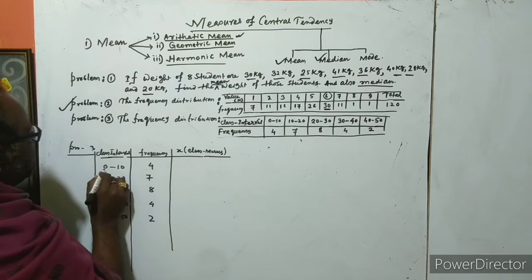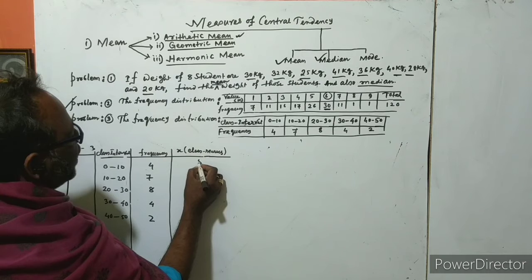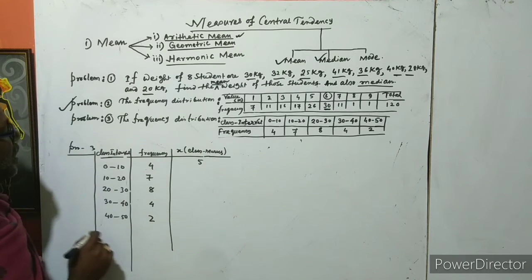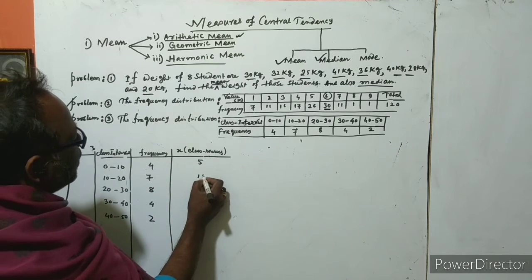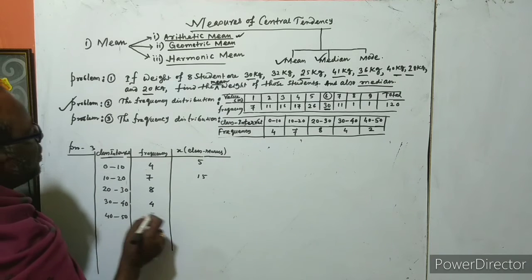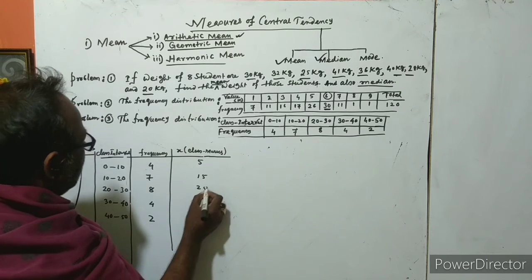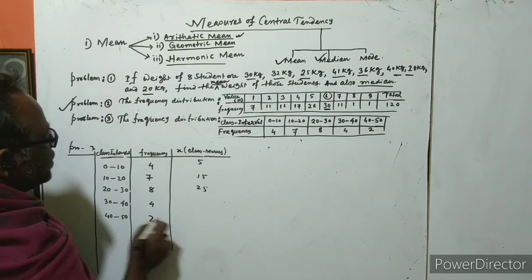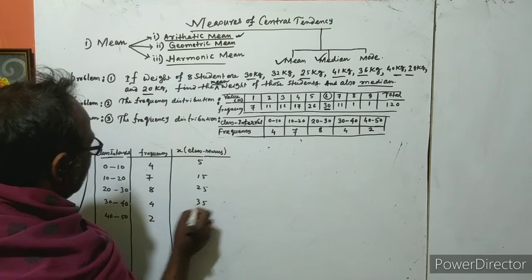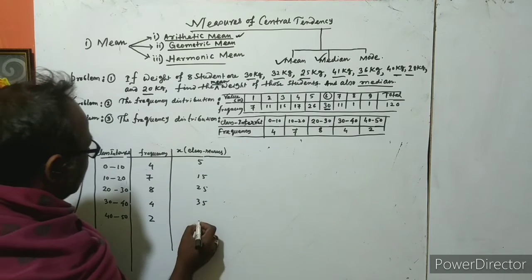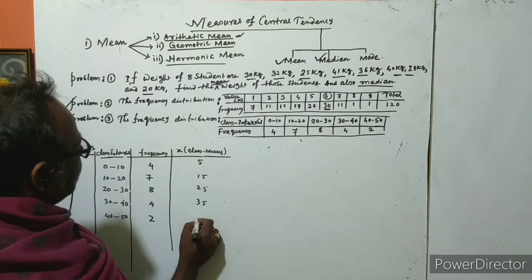Okay, and this is 0 plus 10 by 2, that is 5 here. 10 plus 20, 30 by 2, this is 15 here. And 20 plus 30 is 50 by 2, is 25 here. And 30 plus 40 is 70, this is 35 here. And 40 plus 50, 90, that is 45 here.